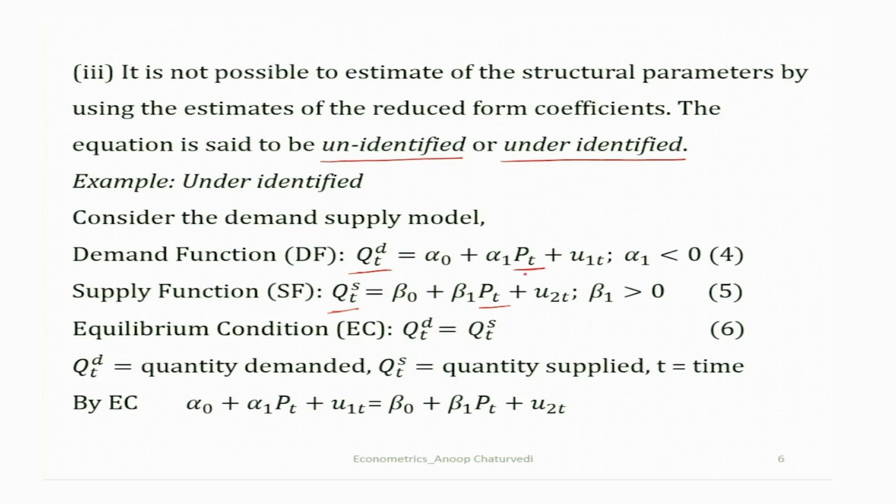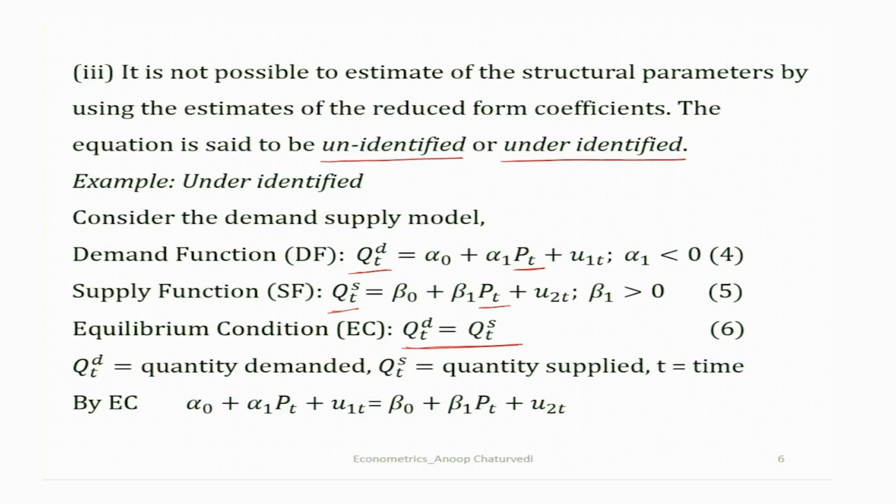Obviously, p t is also determined by this equilibrium condition, meaning corresponding to this equilibrium condition you get a particular demand and a particular price also. So, both p t and the quantity q t are endogenous variables.